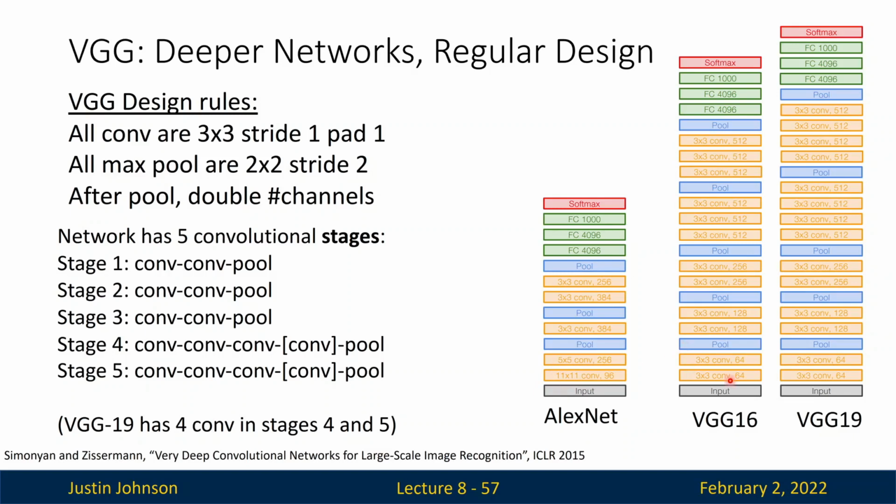But for VGG16 and 19, all convolution layers have a convolution size of only 3 by 3. Okay. So their design rule is to stack up those 3 by 3 convolution layers deeper and deeper and see how the performance is.